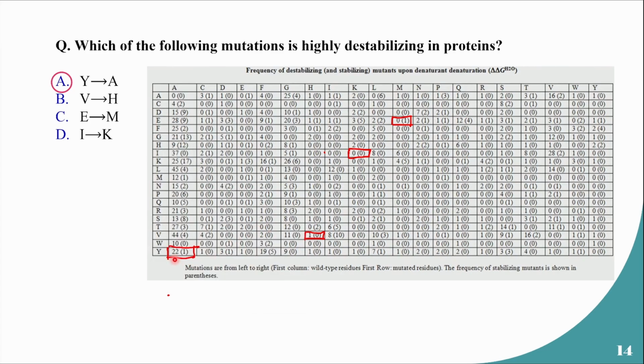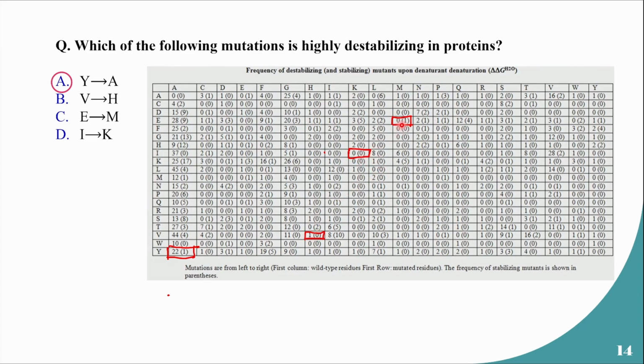in the case of Y2A, only one data point was observed where the mutation stabilized this part of the structure. However, the other 22 mutations observed did not do that. If you compare that to some other mutations given in the options, in one case the value inside the parentheses was 0, but we only had one data point outside the parentheses, so you could say that is not highly significant.